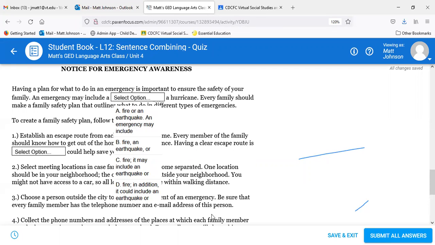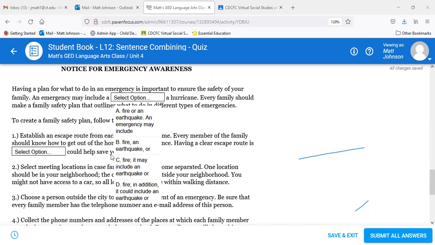An earthquake, or B, hurricane. Yeah, good job.